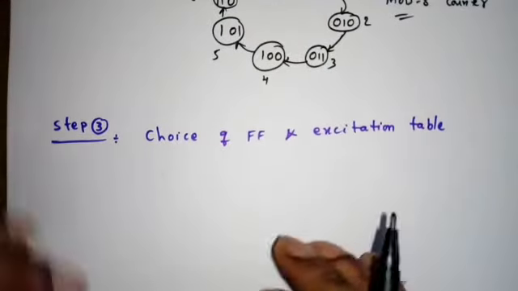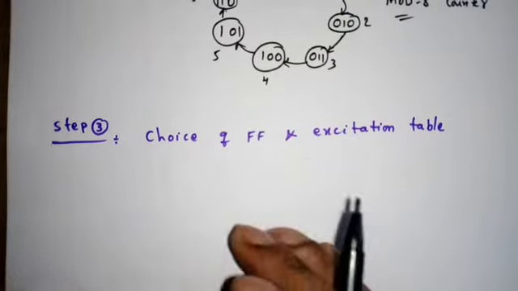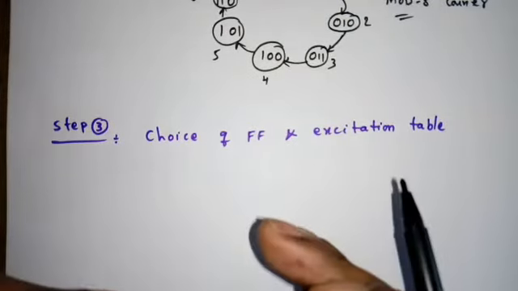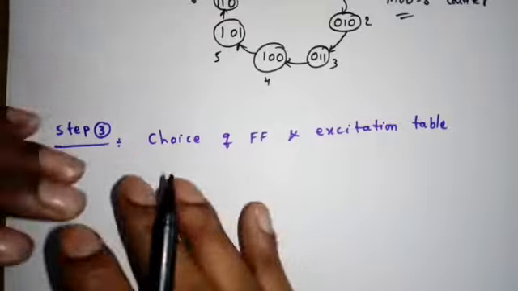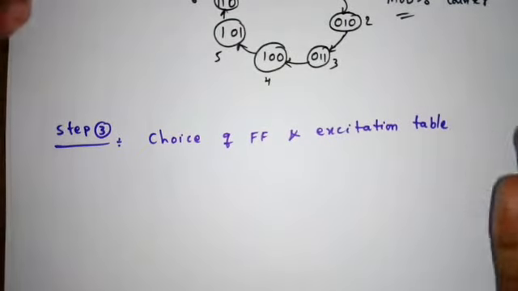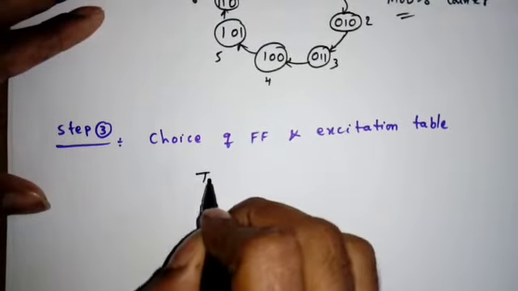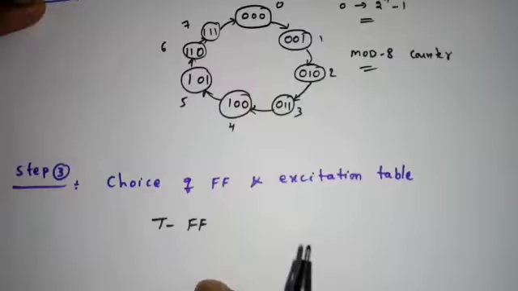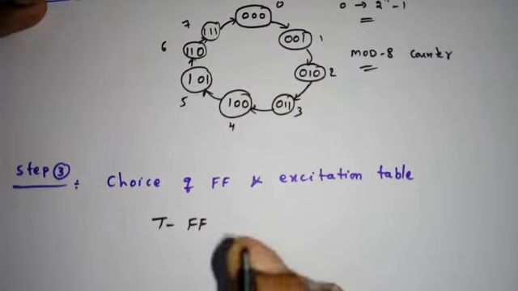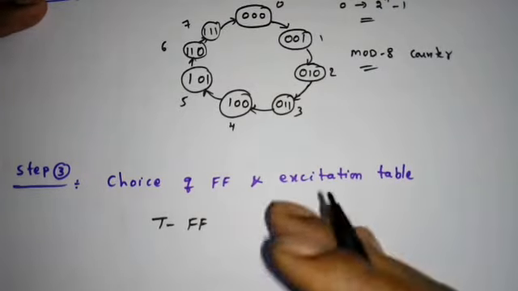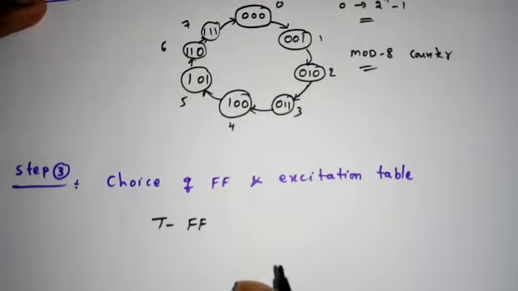Next, choice of flip-flop and excitation table. We have to choose which type of flip-flop we are going to use. We can use either D flip-flop, JK flip-flop, or T flip-flop. Here I am choosing the T flip-flop. But remember one thing, as the number of bits or flip-flops increases, it is better to avoid JK flip-flop.